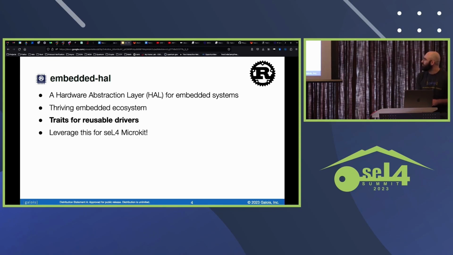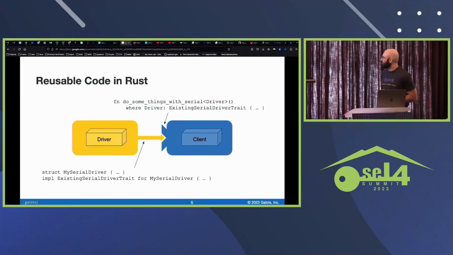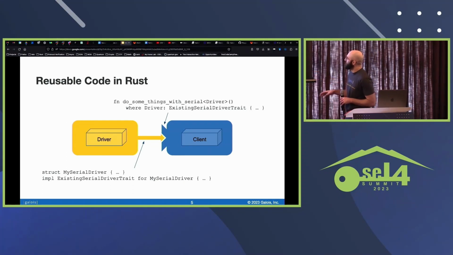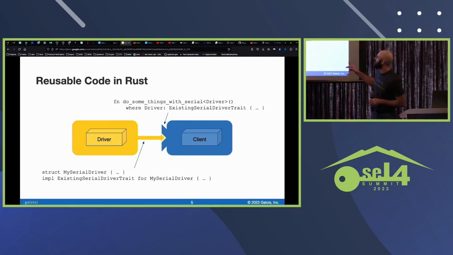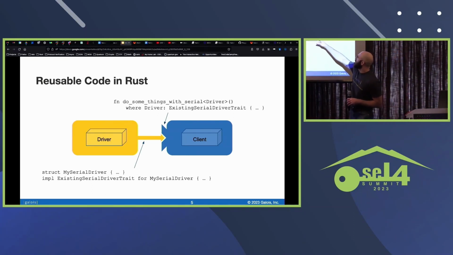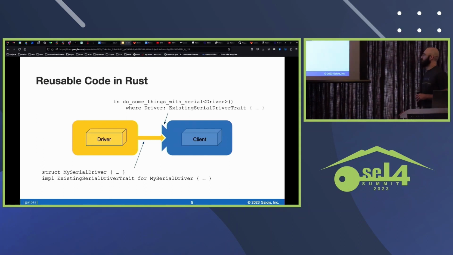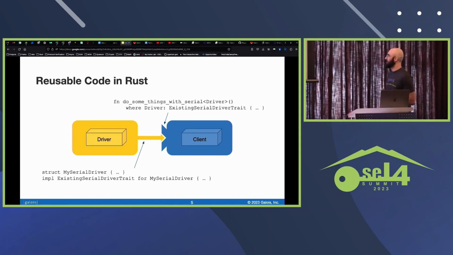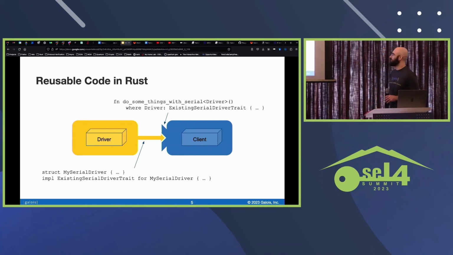Right. So what does this look like? Well, the way this normally works in a more traditional system is that your client has a hole in it where a data type, or a struct representing your driver, would go, and the shape of that hole is represented by some trait, possibly in the embedded-hal crate, or there are some others.